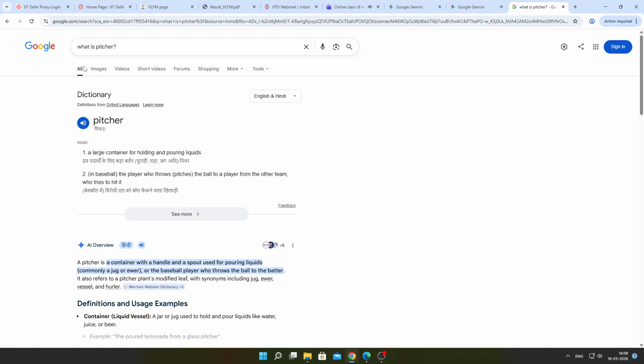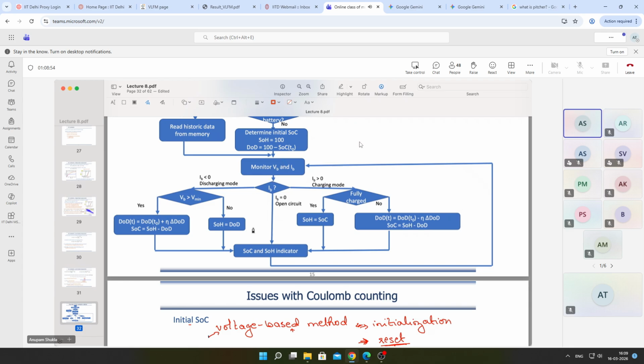Okay, so in real time, this is what goes on in your mobile battery indicator or EV scooty or car indicator. Okay. There is a third part to this question of whether the current is positive, negative, or zero. If the current is greater than zero, then the battery is getting charged. So the thing that this logic system has to determine is whether the battery is fully charged or not. Okay.